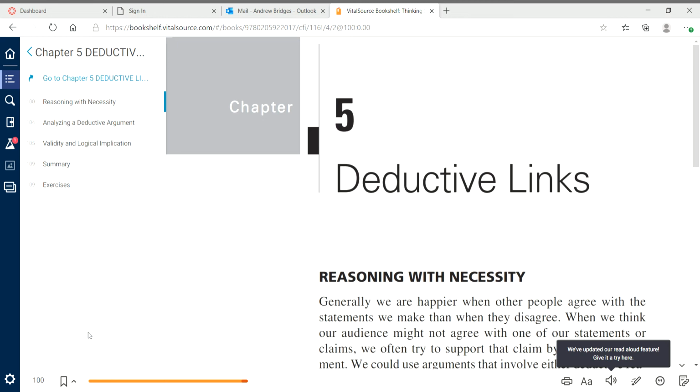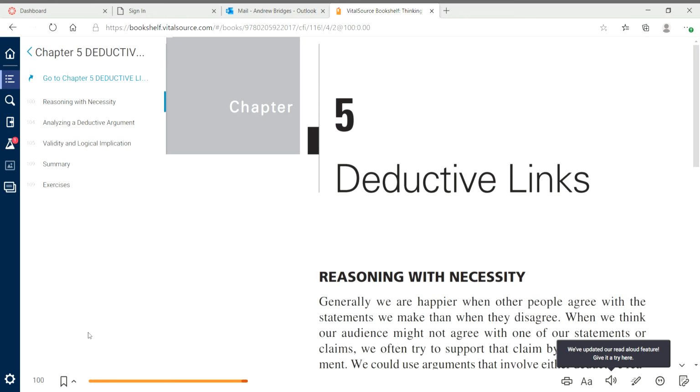This chapter, we will go through the argument of a court justice who is making an argument against the death penalty. So this person is making a deductive argument against the death penalty, and that'll be the first reading. And this chapter is somewhat short in that they don't give us too many readings.